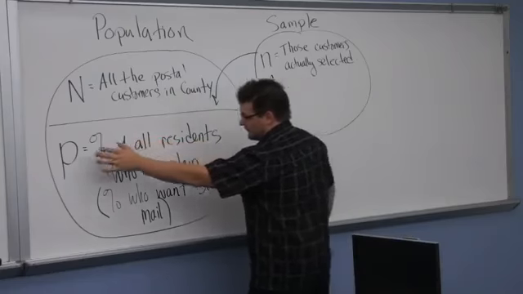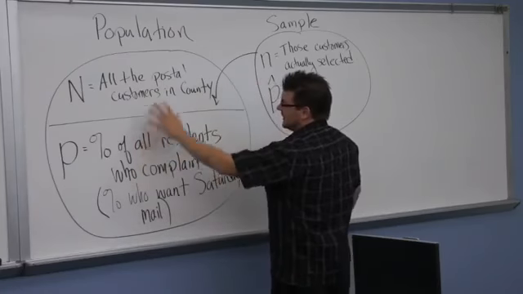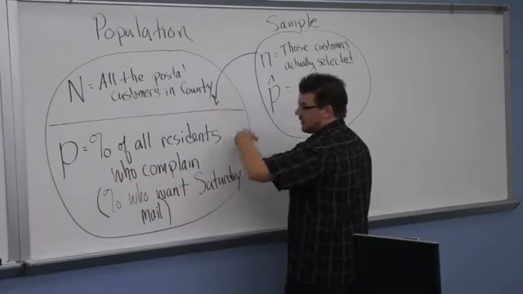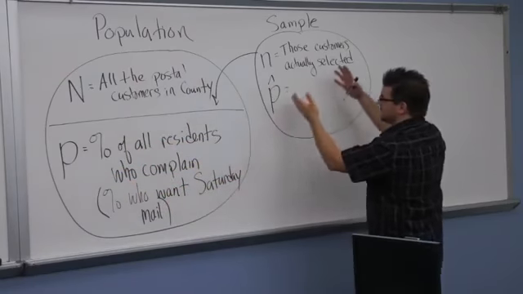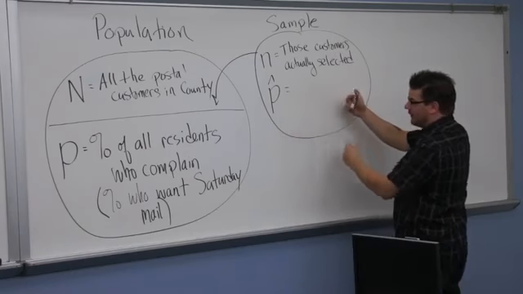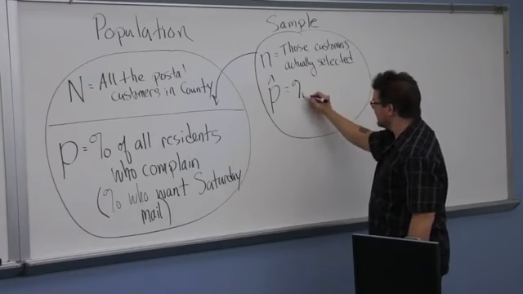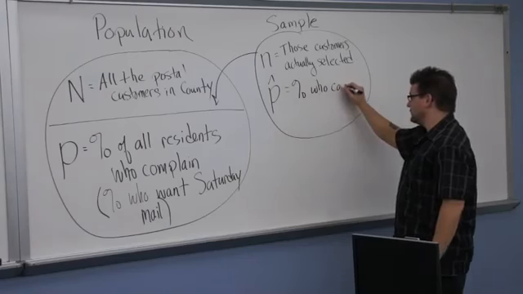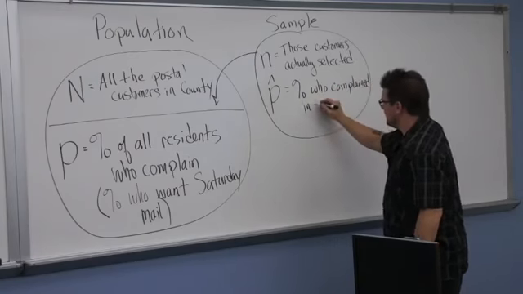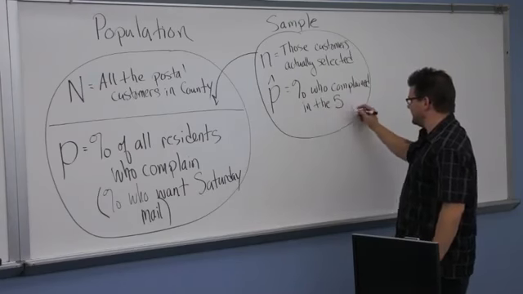P all by itself would be the percentage in the population. Remember, typically these numbers are unknown. Once we collect our sample, the value of P hat from the sample, we will know that one. And so this is the percent who complained in the 5 neighborhoods.